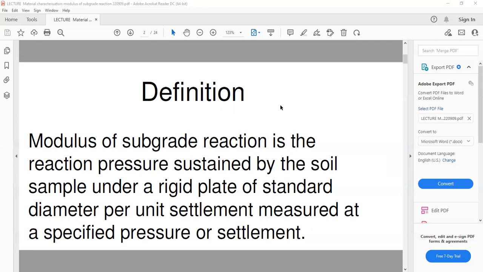Since this reaction is needed for a rigid pavement, we say there is a rigid plate of standard diameter that is going to take the load, and whatever load causes a unit settlement at a given tire pressure is known as the modulus of subgrade reaction.